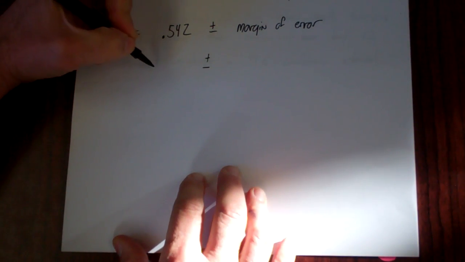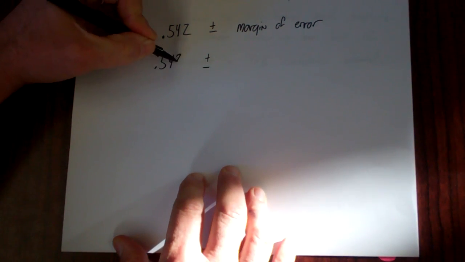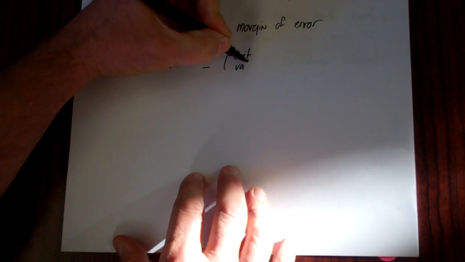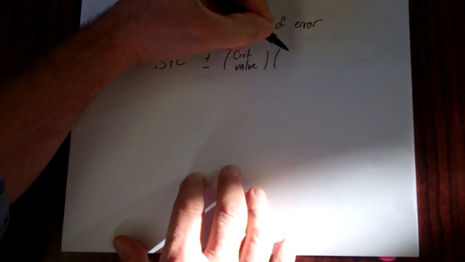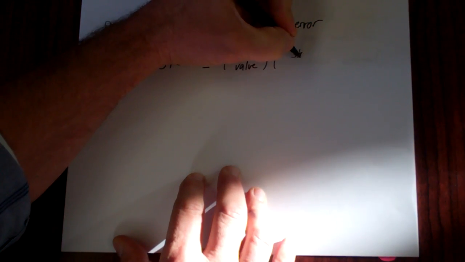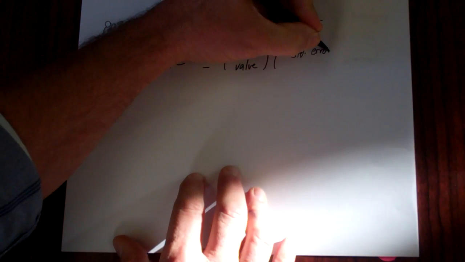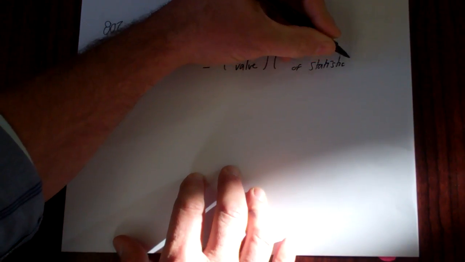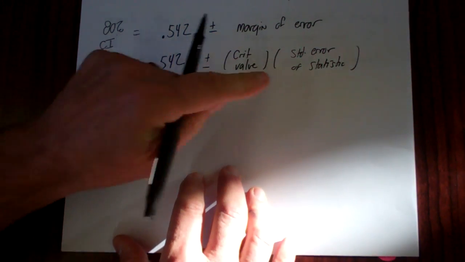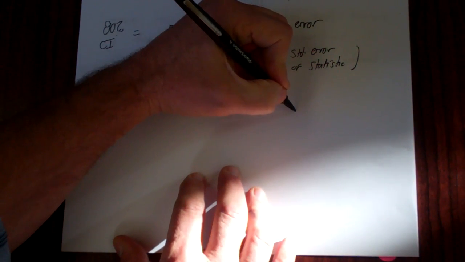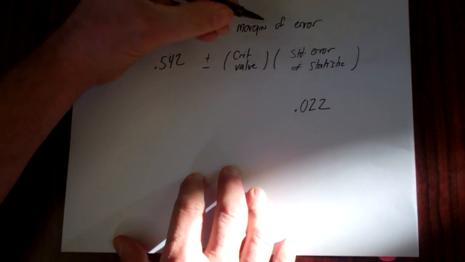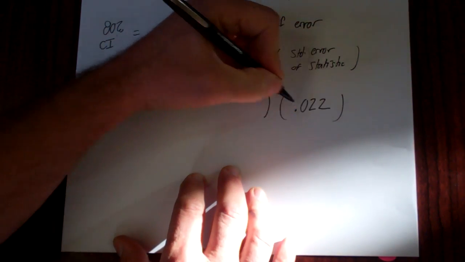And the margin of error is going to be the critical value times the standard error of the statistic. Where do you find the standard error of the statistic? That's 0.022. So what we need to know now is the critical value.